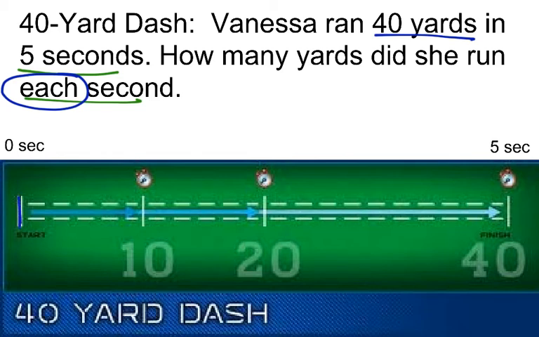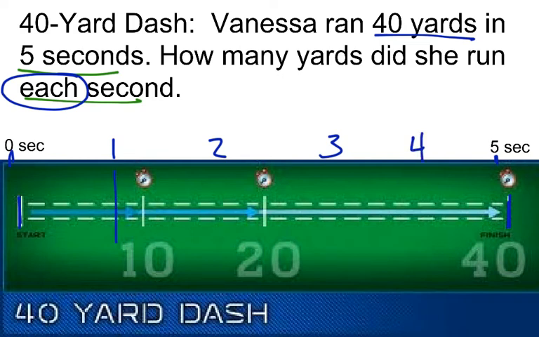So I have my diagram from 0 to 40, and my number line from 0 to 5. Now I can use that to draw a diagram that breaks this up into 5 equal parts. So I have 1, 2, 3, 4, and 5.